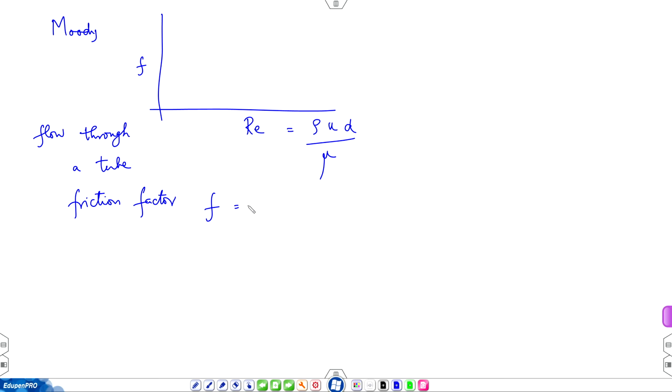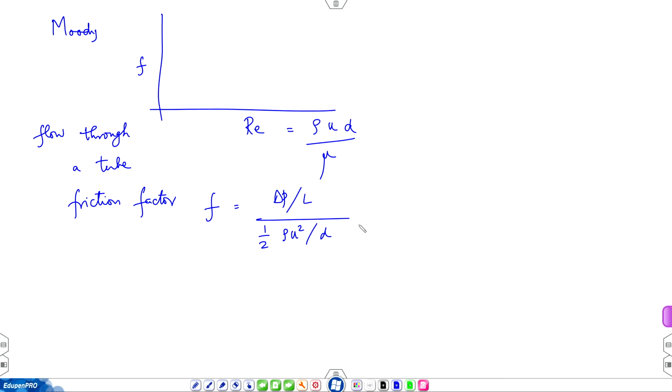And this friction factor is defined as, this is one expression, it is the change in pressure, this delta P is pressure drop in a tube, horizontal tube, from where F is usually estimated. This is an original definition of friction factor.